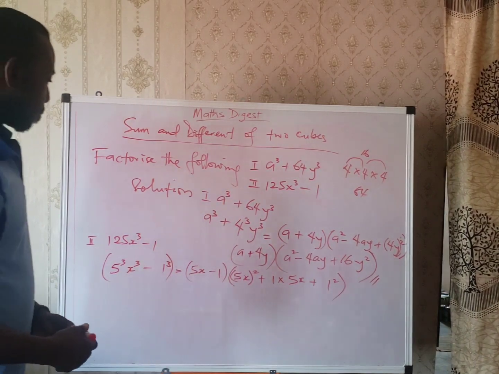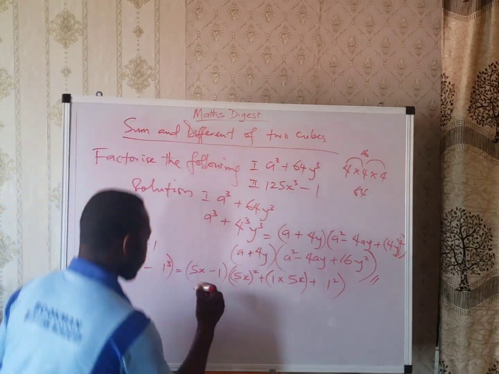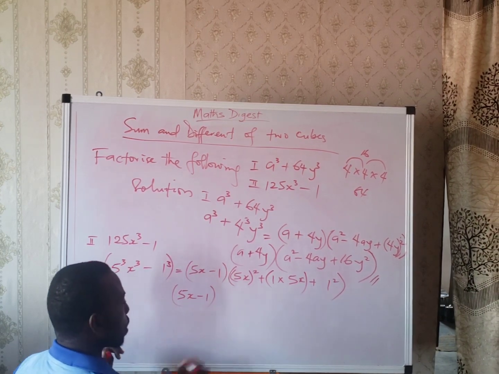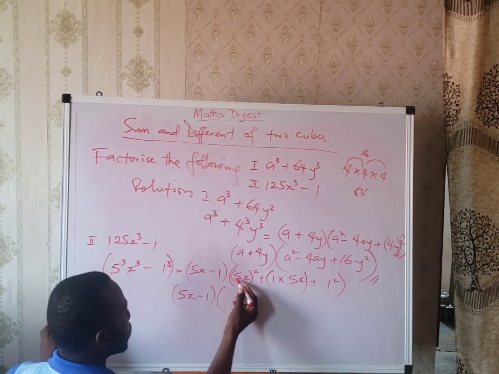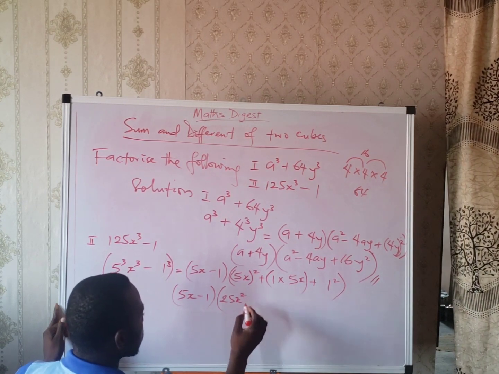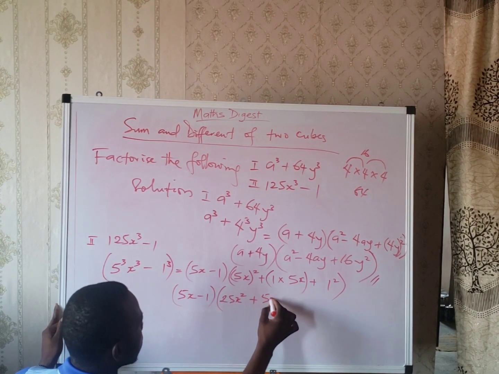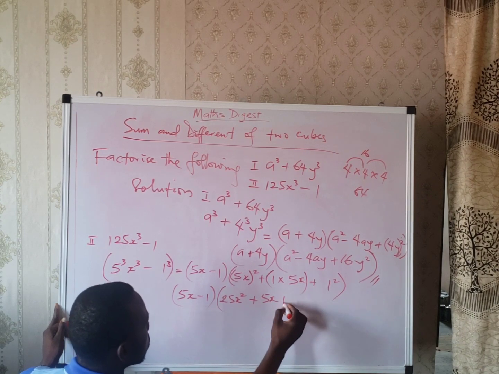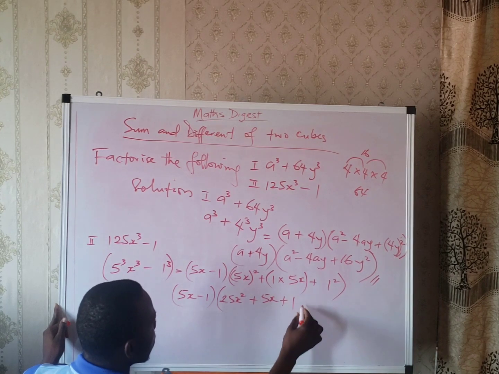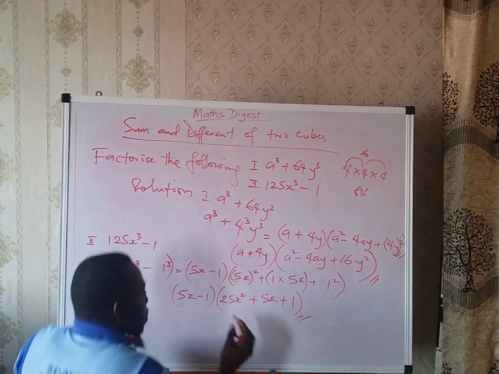Now pay attention. We have 5x minus 1. Here we have 5 raised to power 2, which is 25, so 25x squared, plus 1 times 5 is still 5, so 5x, and we have plus 1 raised to power itself, which is still 1. Okay, now we have this. This is the final answer.